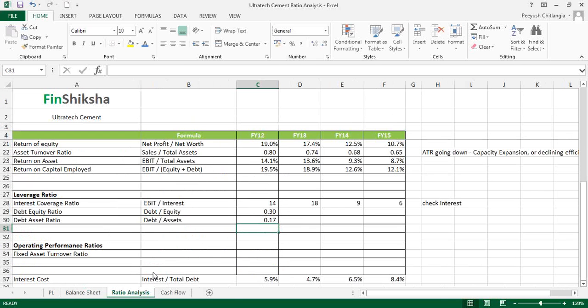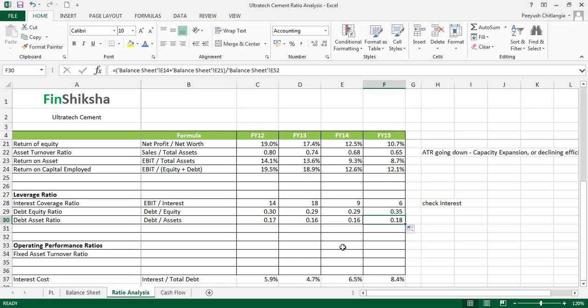I could have taken total liabilities as well because both of them are the same, right? And I drag it on the right side. Debt equity rises marginally over this period. Debt to asset ratio is more or less stagnant as such. So that gives us the analysis for these data points. We'll see about interest in a little bit more detail, whether it is getting capitalized or not.